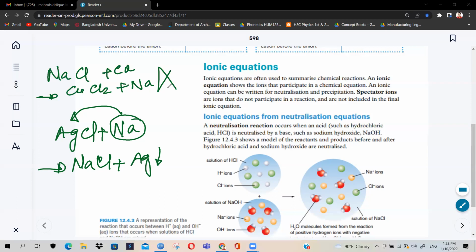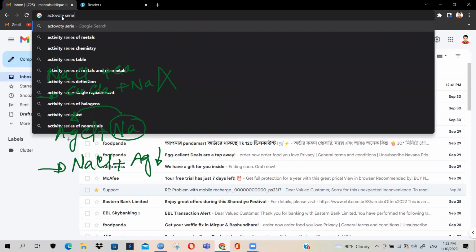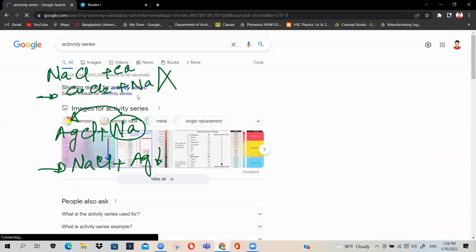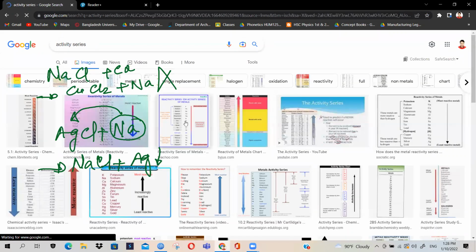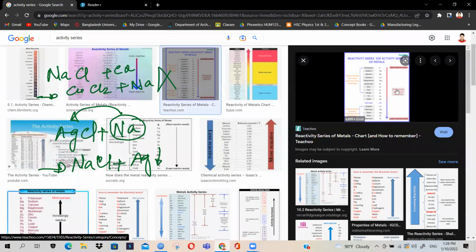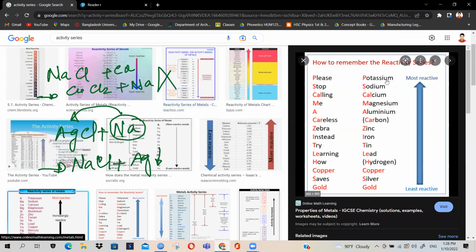If I actually show you the activity series as well. See, potassium, sodium, calcium, magnesium, aluminium, carbon, zinc, iron.